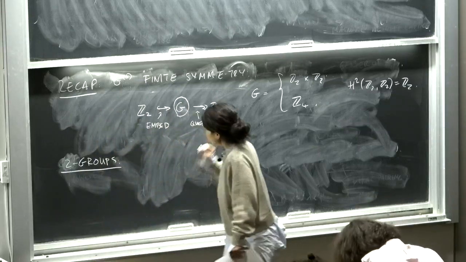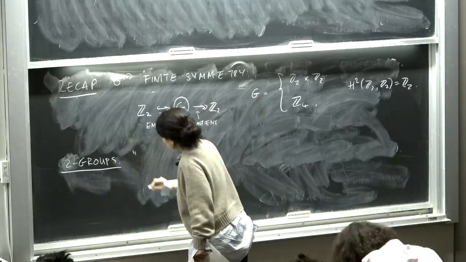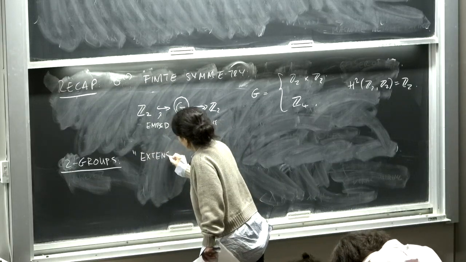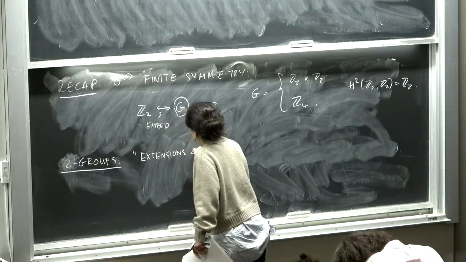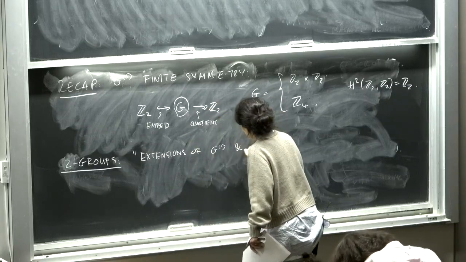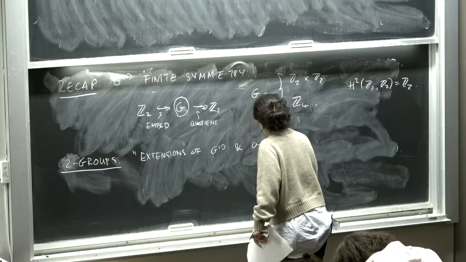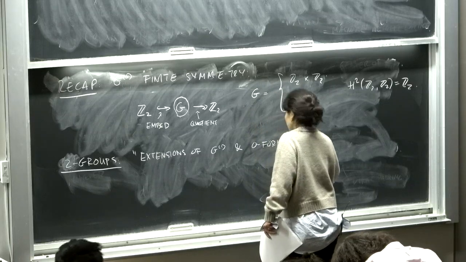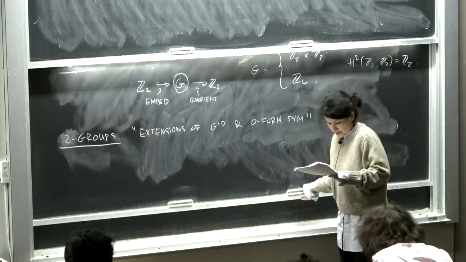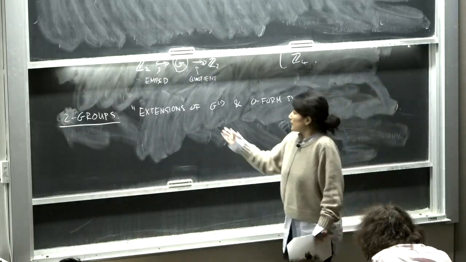In a very crude approximation, there are extensions of a one form symmetry and a zero form symmetry. But we need to specify a little bit in what sense that is the case.